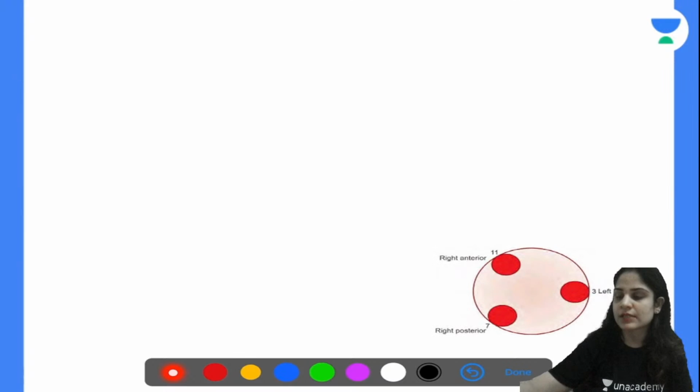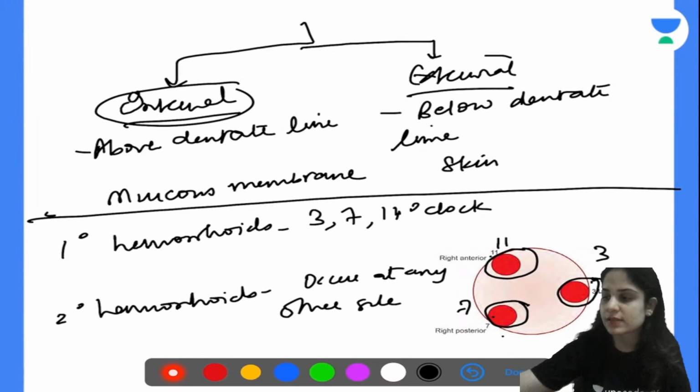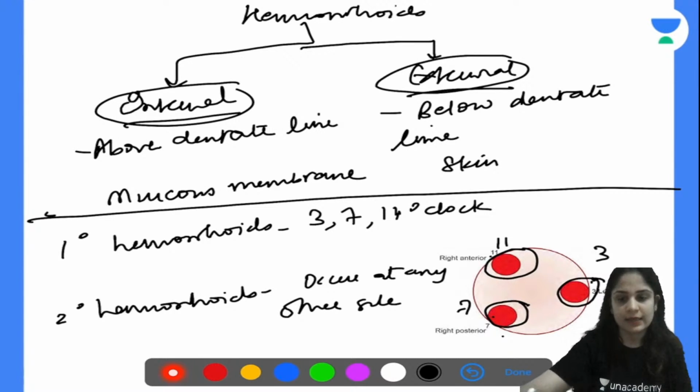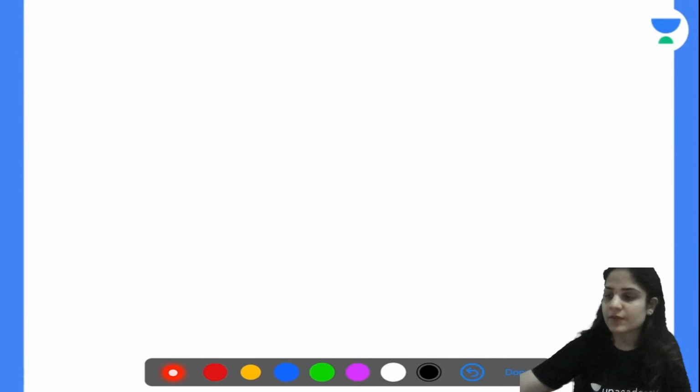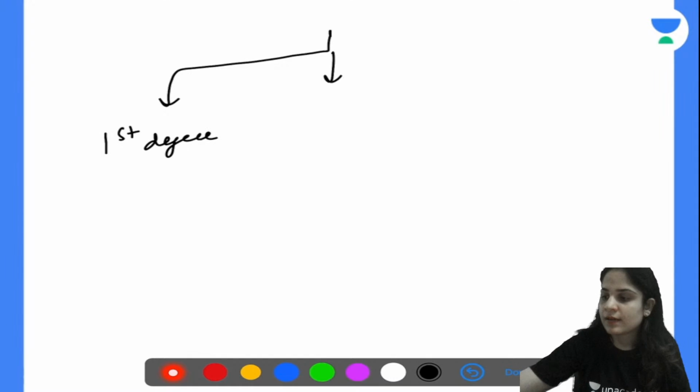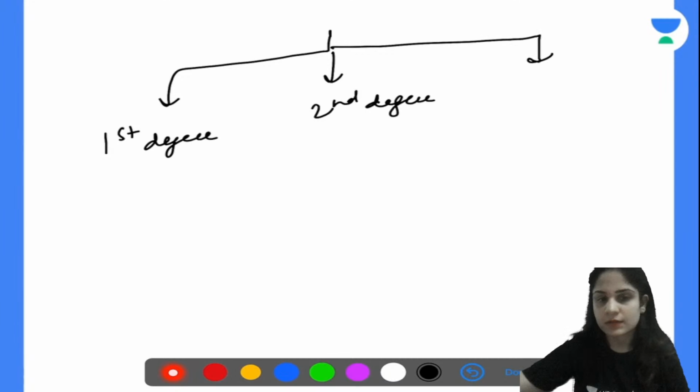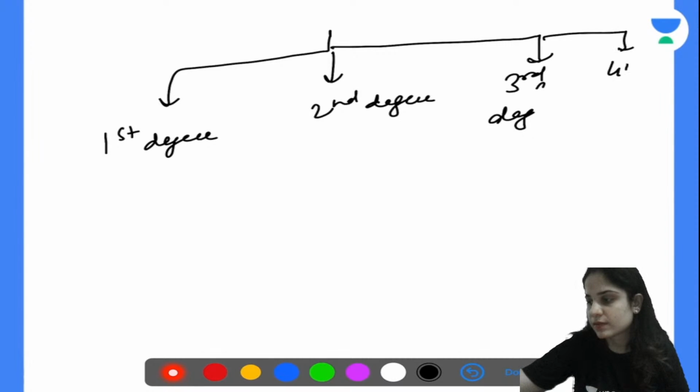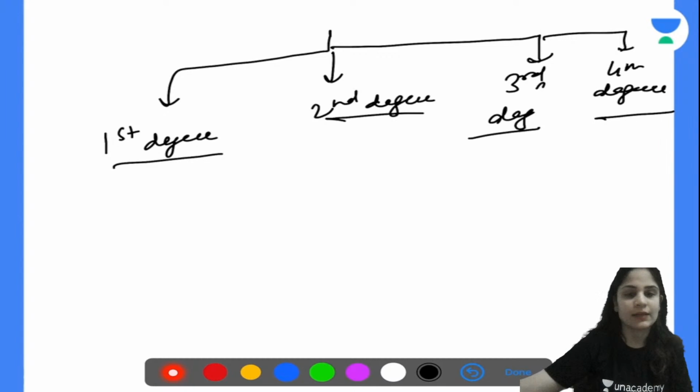So this is your next classification. We have done the first classification, that is of internal and external hemorrhoids. Correct? Then your next classification is primary and secondary hemorrhoids. Then your third classification is first degree, second degree, third degree and fourth degree hemorrhoids.